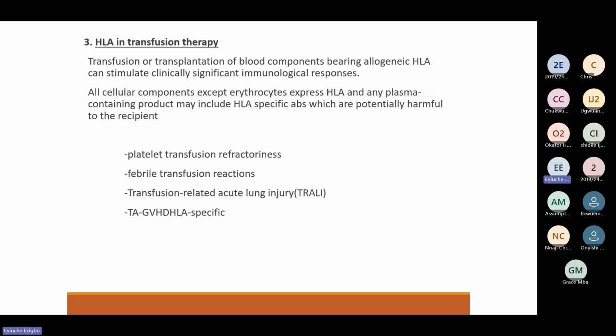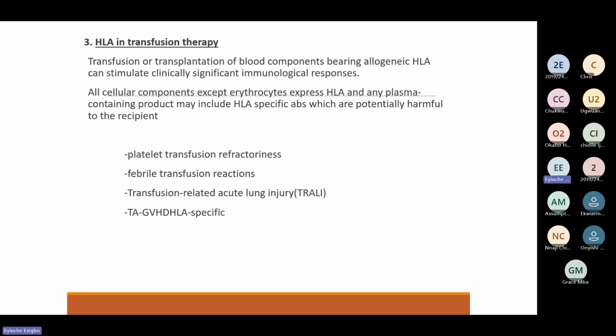And in ordinary routine blood transfusion in our geographical setting, we don't really cross-match for HLA antigens. We only cross-match for the red blood cell antigens, okay? So because of that, sometimes after transfusion, we find that patients come down with some clinical conditions due to these HLA antigens and antibodies.